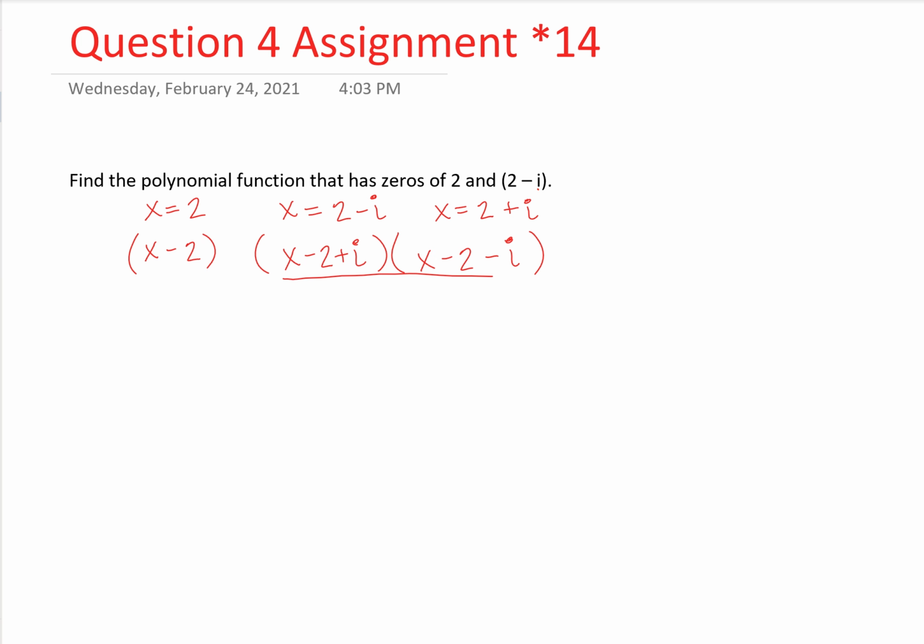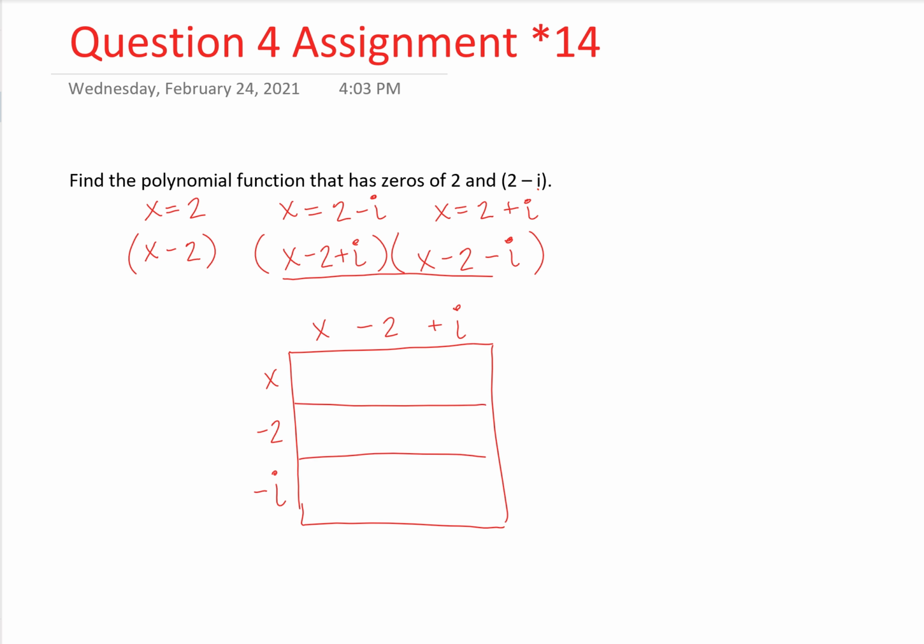So I'm going to use the box method. So I'm going to do x minus 2 plus i in one box, and then the other one obviously is going to be my x minus 2 minus i. And I'm going to be very careful when I go to multiply these. So I get x squared minus 2x, that becomes a plus ix.